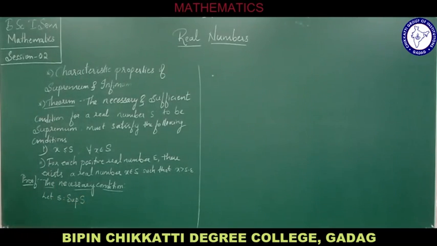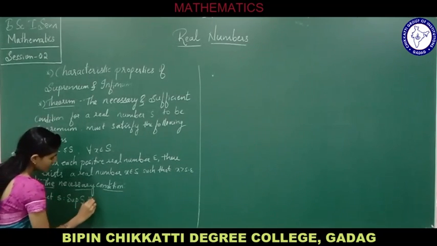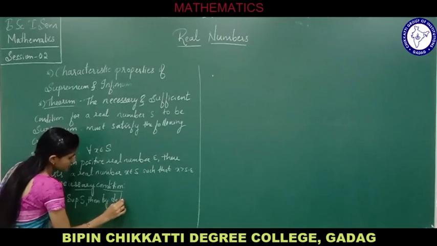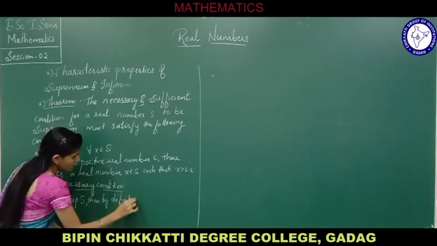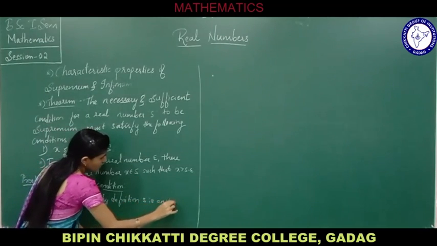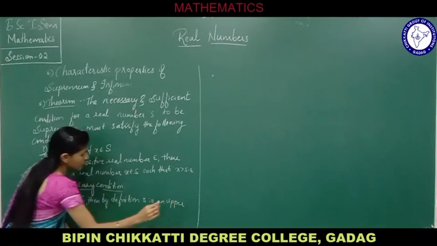If S is the supremum of the set S, then by definition S is an upper bound.